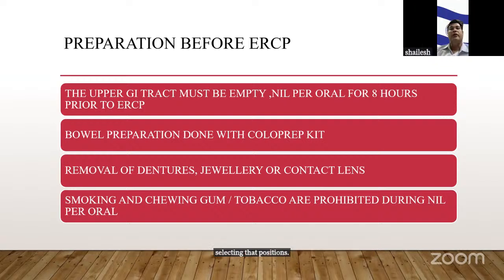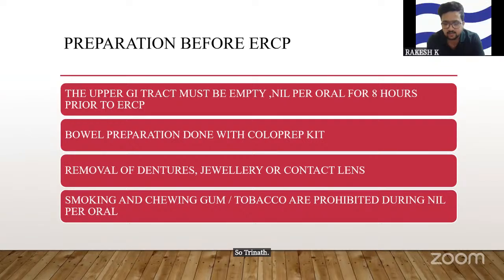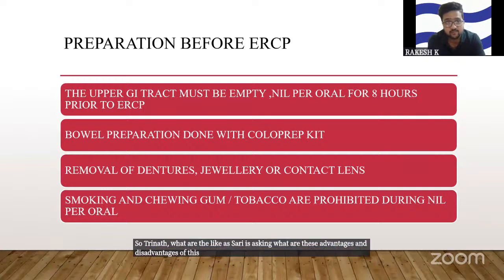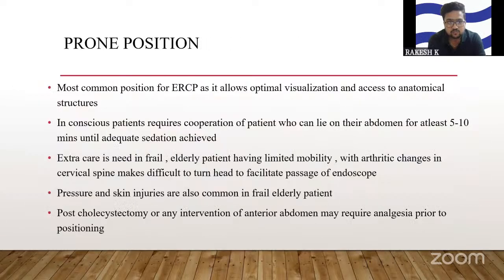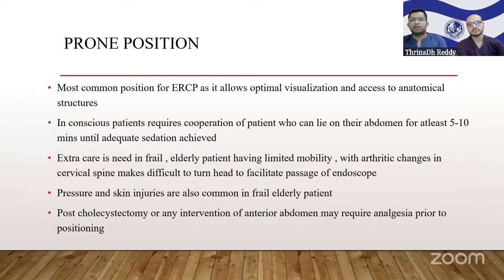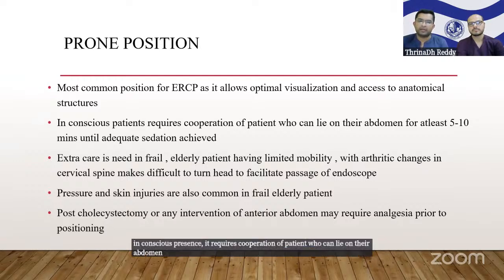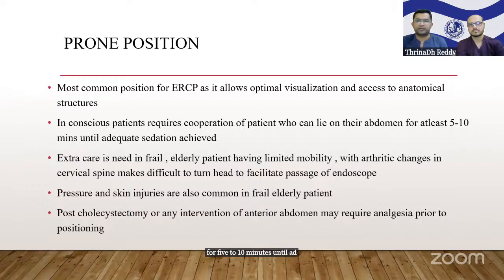Okay. So Trinath, as sir is asking, what are the advantages and disadvantages of this position? To start with prone position. In prone position, the most common position for the ERCP, as it allows optimal visualization and access to the endoscopic structures. In conscious patients, it requires cooperation of patient who can lie on their abdomen for 5 to 10 minutes until adequate sedation is achieved.